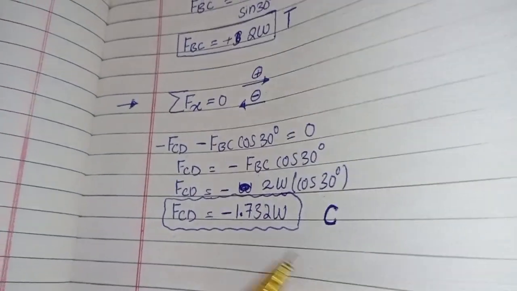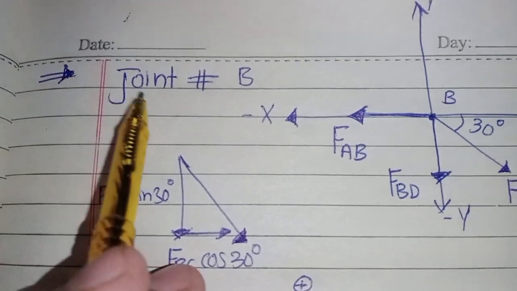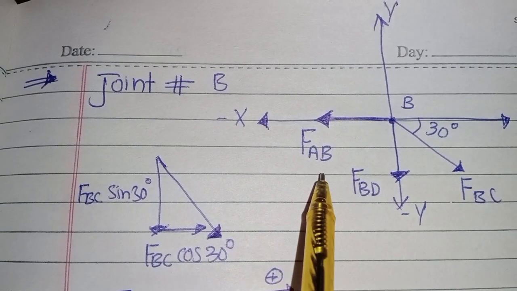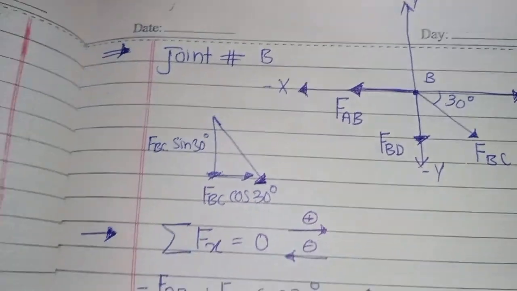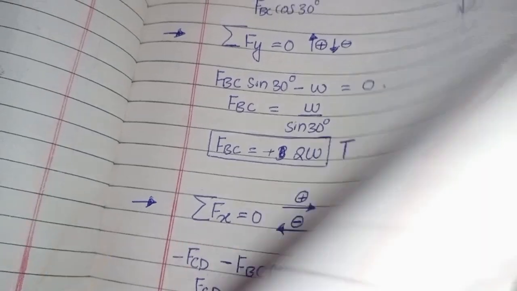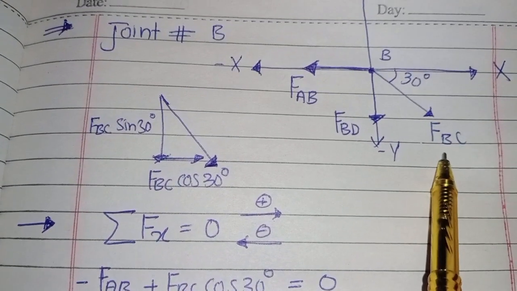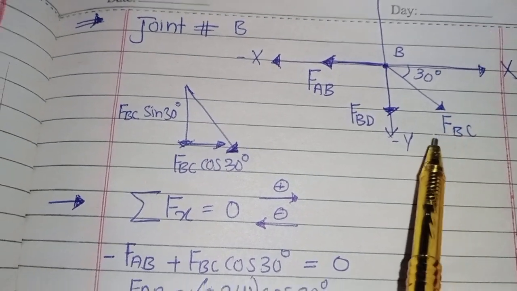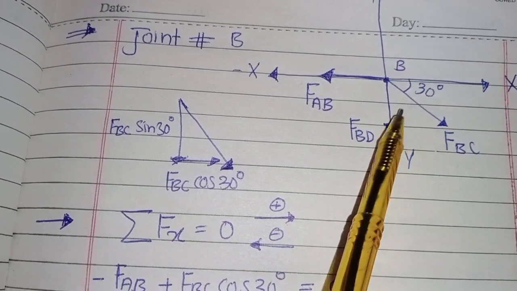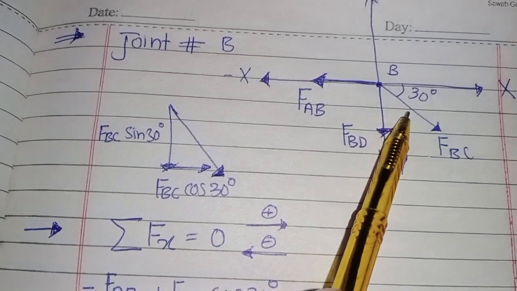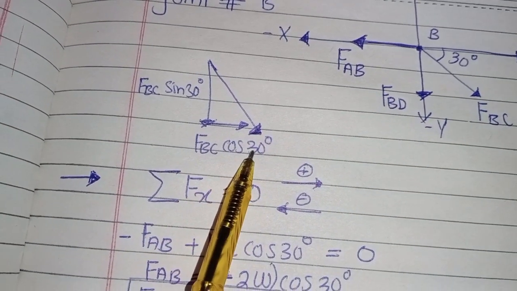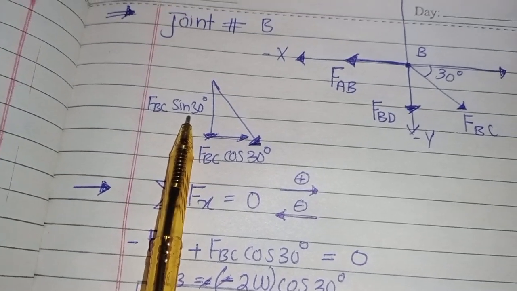Okay. Now I want to take joint B because it also has two unknown forces and one known force, which is FBC. This force is known to us. First I assume that all these forces are in tension, and then I resolve this force into its components, FBC cos 30 degree and FBC sin 30 degree.